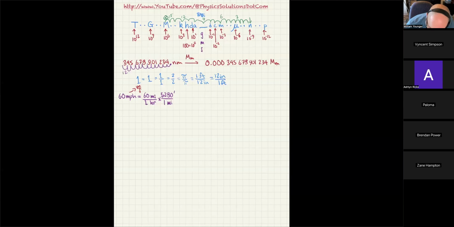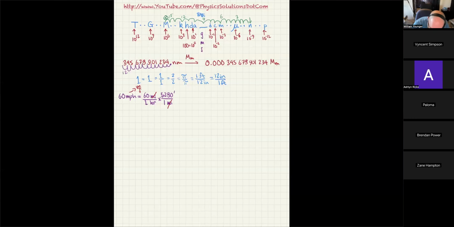So now what we see is by me putting the mile on the bottom and multiplying by this fraction, that means the mile on the bottom can cancel out with the mile on the top. So that's part of the reason I was telling you that the number is being multiplied by the unit so that this operation makes sense. Now you can see why you can do that because it's like 60x over 1x.